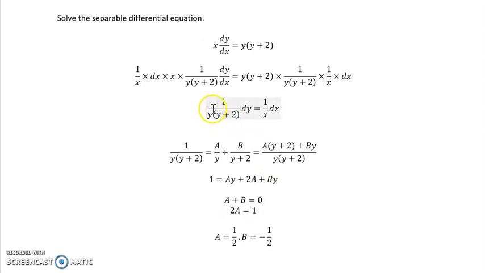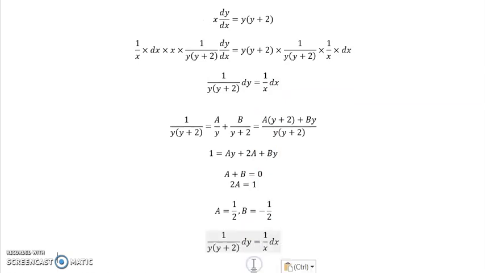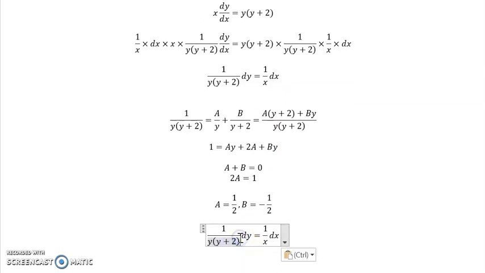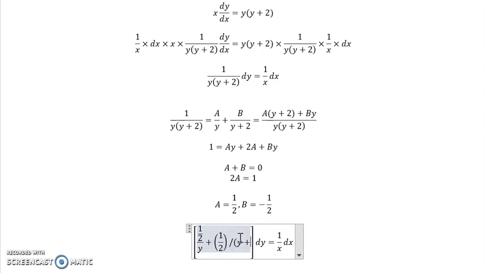So now we go back up to this equation right here, and what we're going to do is rewrite this side of the equation as 1/2 divided by y, minus 1/2 divided by y plus 2. Sorry, a minus sign in between them, because this is minus 1/2.